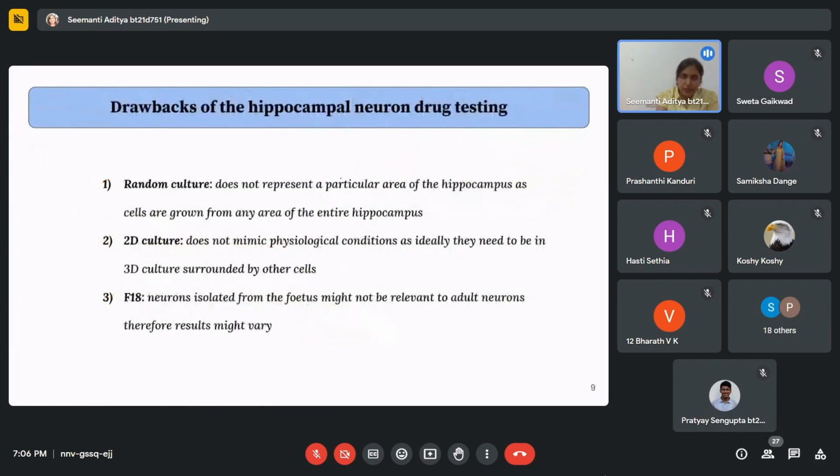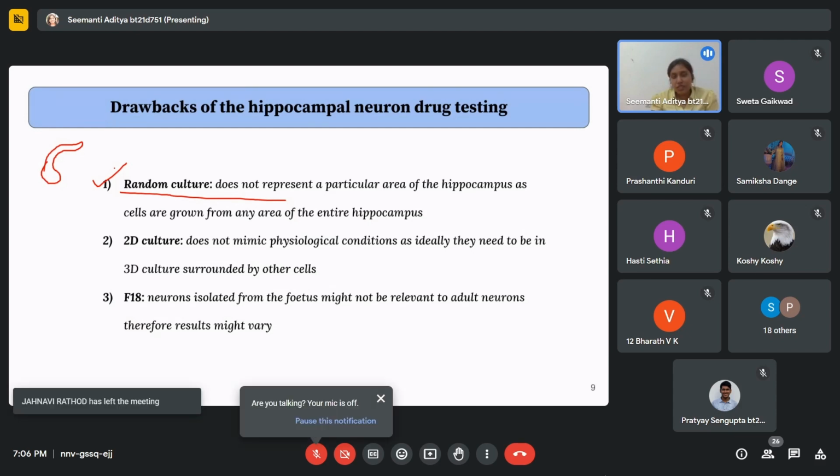Next, there are certain drawbacks of hippocampal neuron drug testing. For example, one is the random culture. The hippocampus is a small organ, and when we are mechanically dissociating the cells, we take the entire organ, dissociate the cells, and grow them in our required plates.